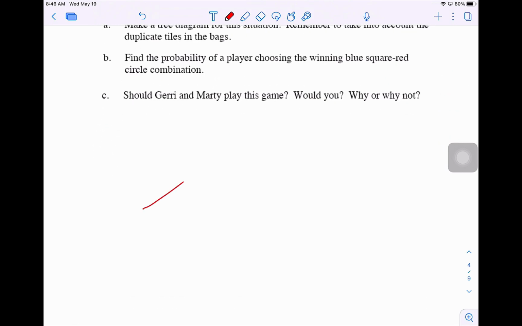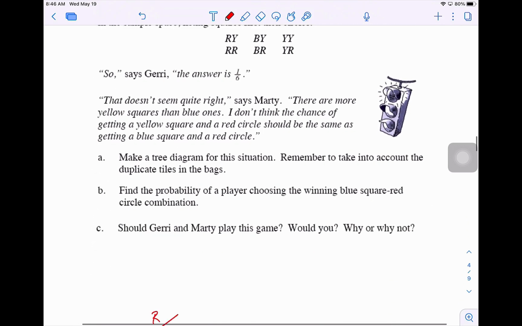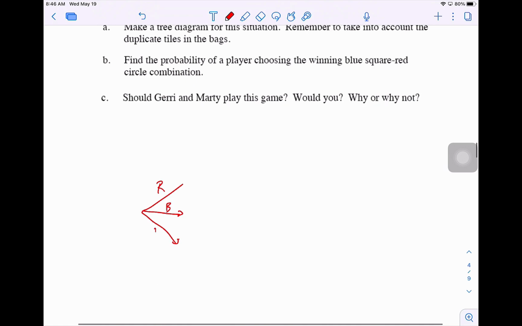You could end up with a red. He could end up with a blue, or he could end up with a yellow. Now you can make that a whole lot bigger.